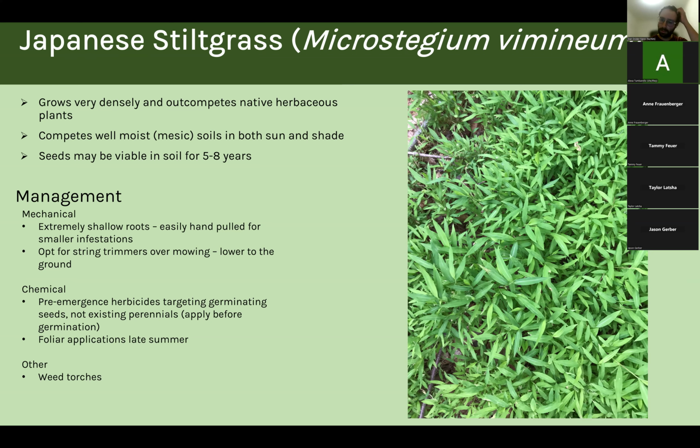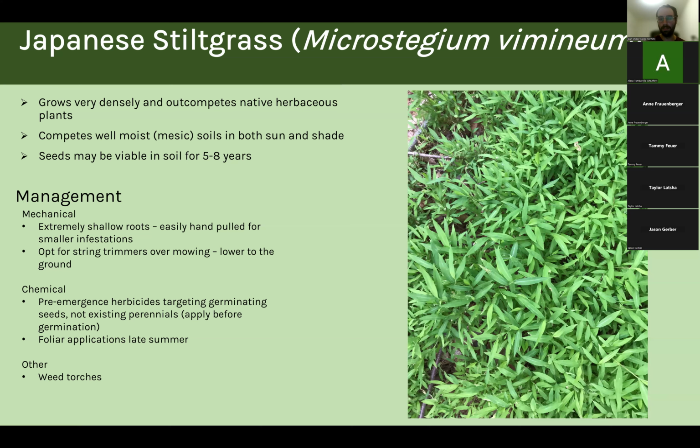Although with things like emerald ash borer ripping through the forests and killing off all the ash trees and opening up so much sunlight availability to the soil, we do see a lot of stiltgrass moving into the forest interior with all that sunlight availability all of a sudden. For management of Japanese stiltgrass, it has extremely shallow roots. It's very easy to hand pull. Smaller infestations can be dealt with very quickly.